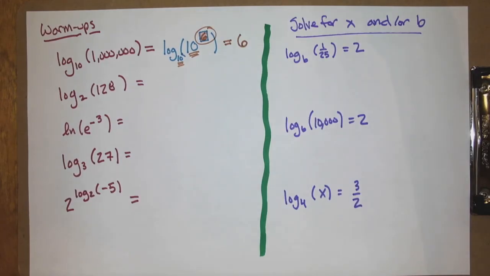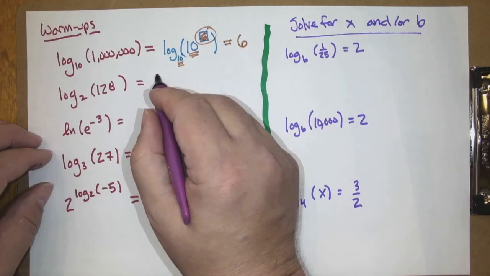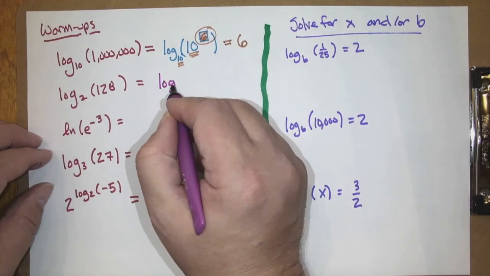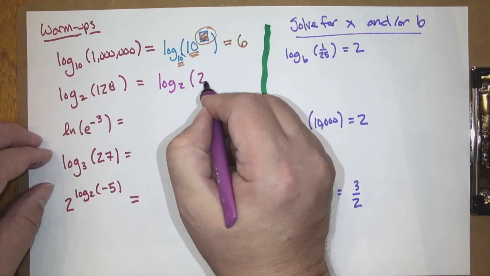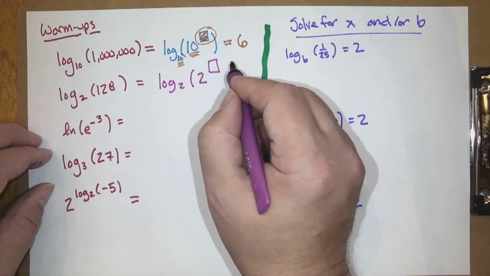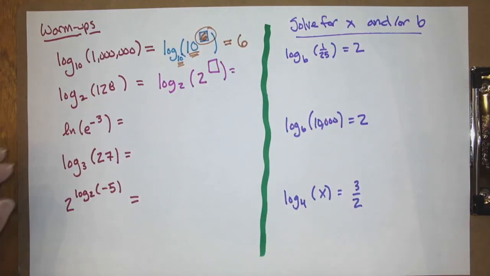Okay, log base 2 of 128. I mentioned computer science has a third log that they like, and that's log base 2. And it turns out, 128, can we write that as 2 to a power? The answer is yes. Is anybody good with their powers of 2?